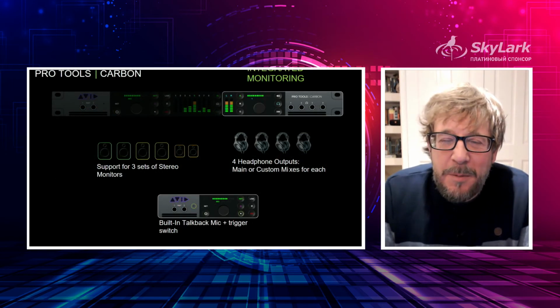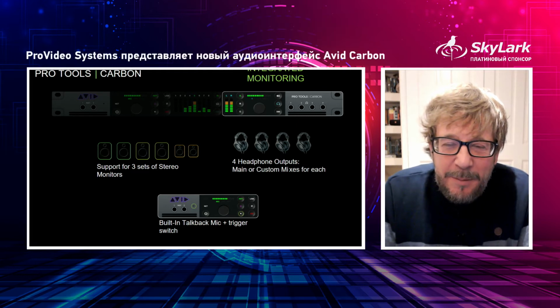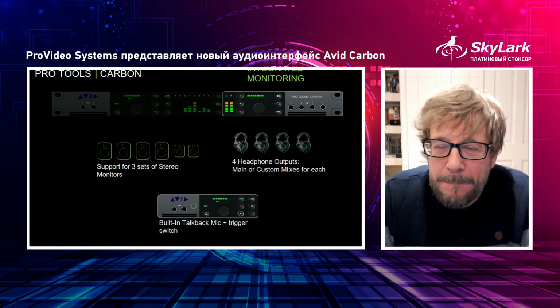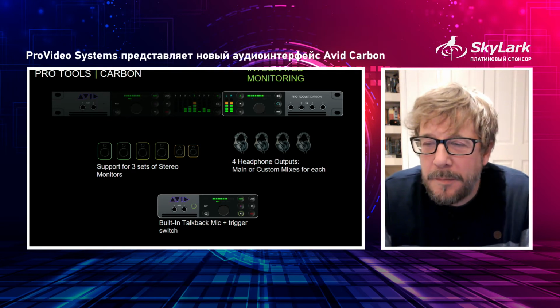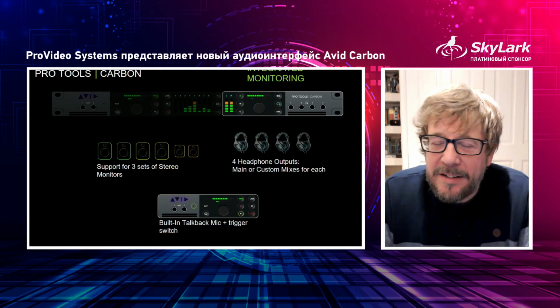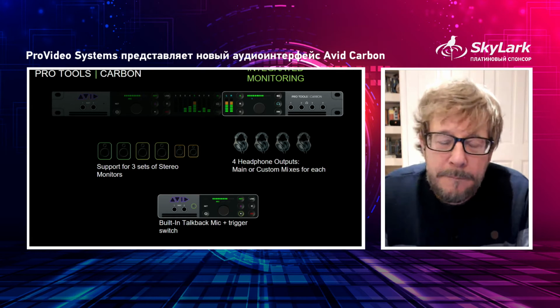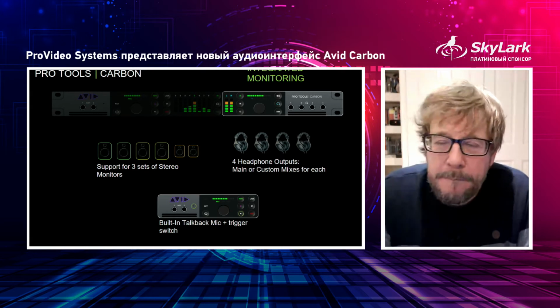So this shows us the monitoring capabilities. We can connect up to 3 sets of stereo speakers. And we can connect headphone outputs to create custom mixes.